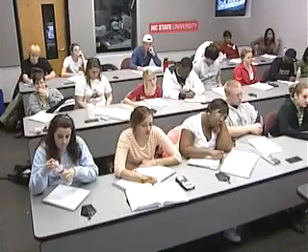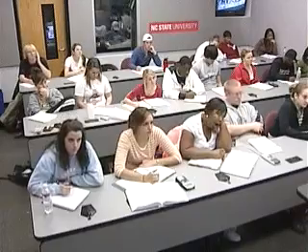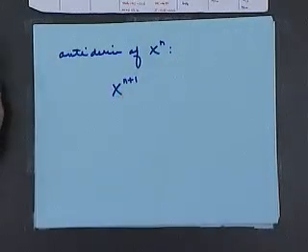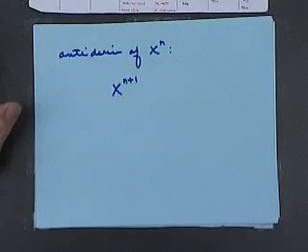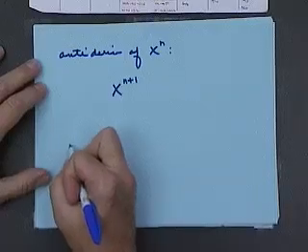Does it make sense when we're going the other direction that we would add 1 to the power? So if we anti-differentiate, we're going to add 1 to the power. Now, if you noticed in that table, it was divided by something. Here's why. We're going to check.